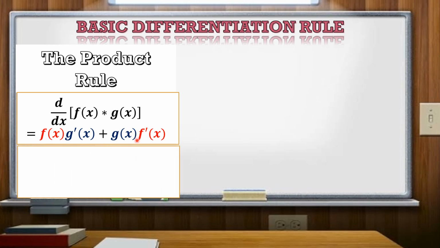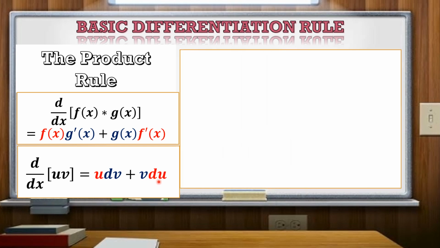Or para mas maintindihan natin, derivative of your uv, yung u natin is first function, yung v natin is the second function. That is equal to u times the derivative of v plus v times derivative of u.